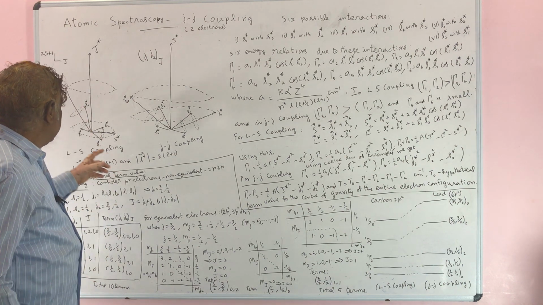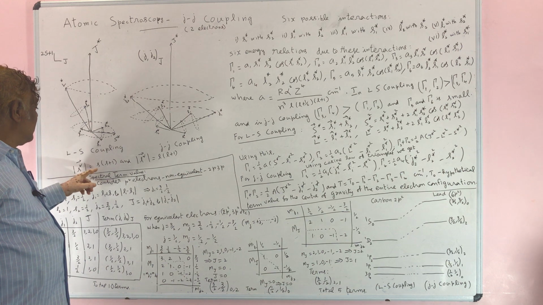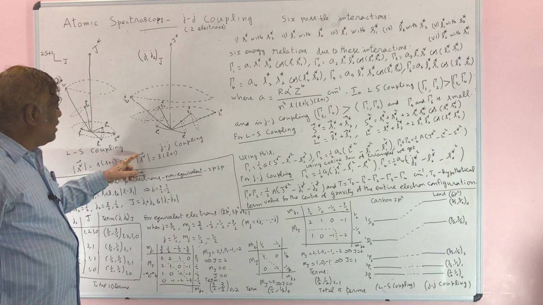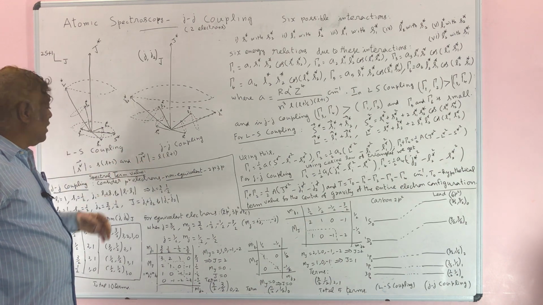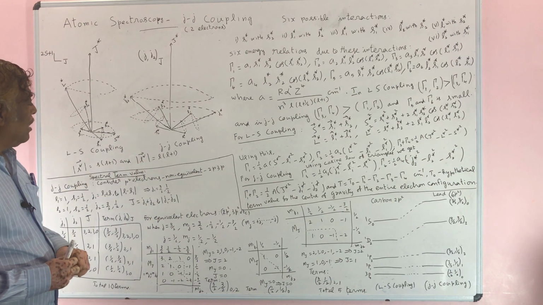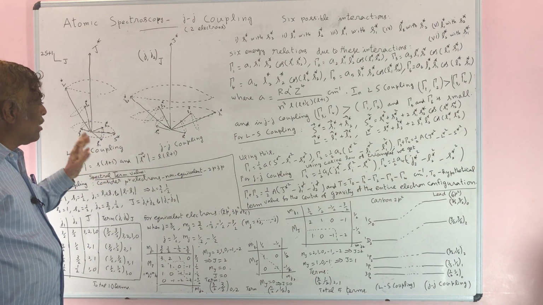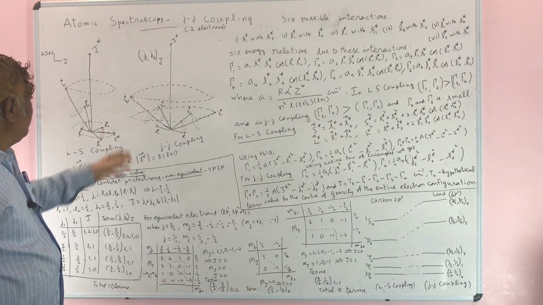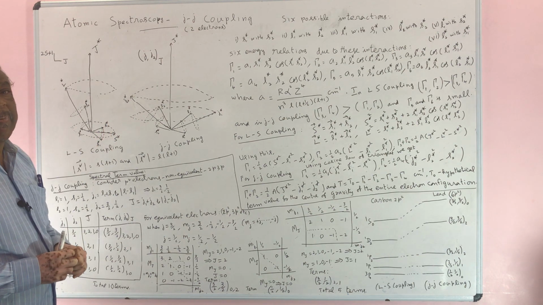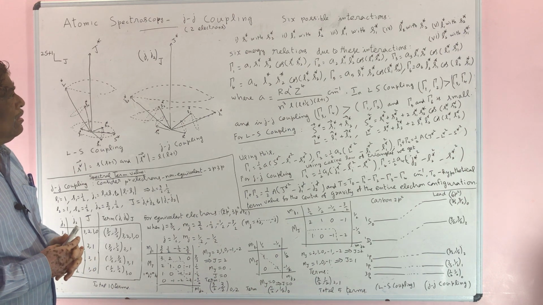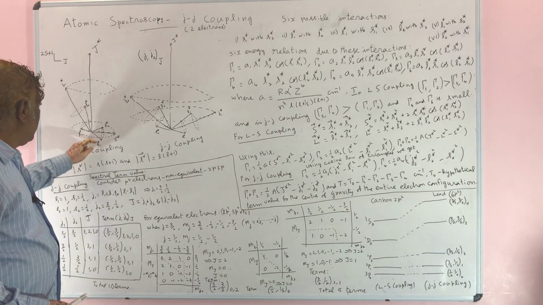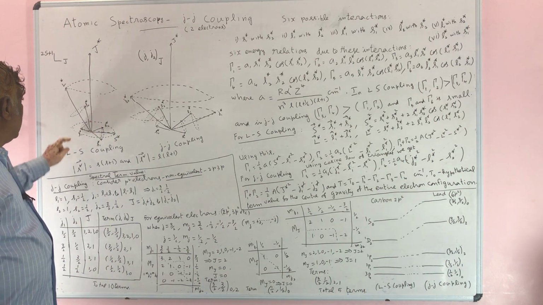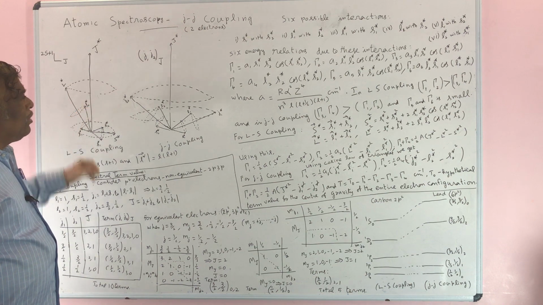The magnitude of the vector S star is the square root of S into S plus 1, and the magnitude of L star is the square root of L into L plus 1, where L is the orbital angular momentum quantum number and S is the spin quantum number. Now, there are 6 possible interactions. One is between S1 star and S2 star. Another is between L1 star and L2 star.